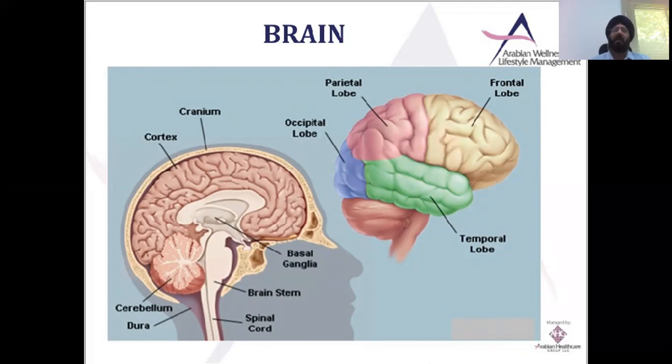The brain has broadly three parts: cerebrum, cerebellum, and the brainstem. The largest part of the brain is the cerebrum, also known as the cerebral cortex, which comprises right and left hemispheres. Both the hemispheres have different lobes.